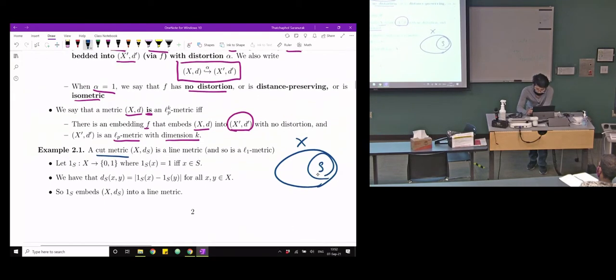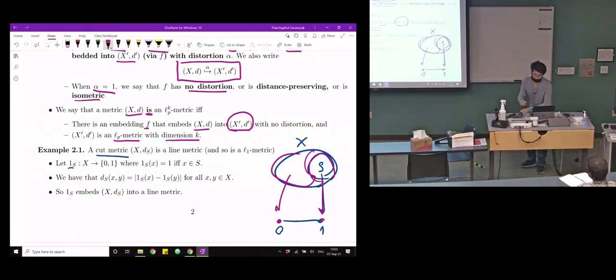I define a mapping such that I map everything in S to 1, everything else to 0. So everything else here maps to 0, and here is 1. And then you can see that after mapping, this mapping is really an embedding that gives no distortion at all.